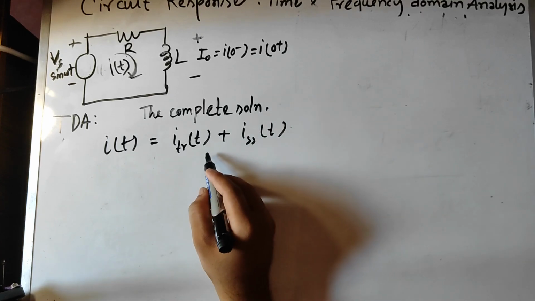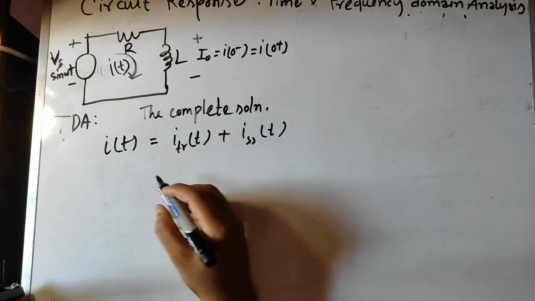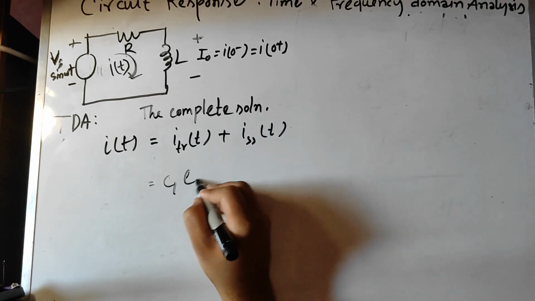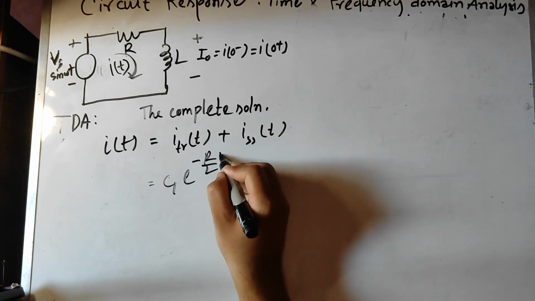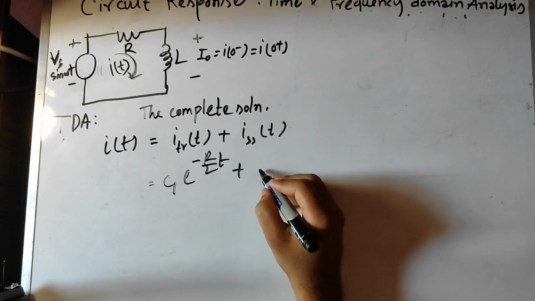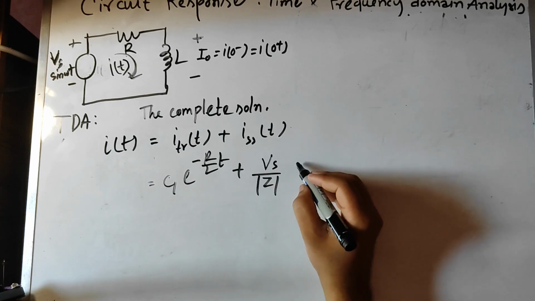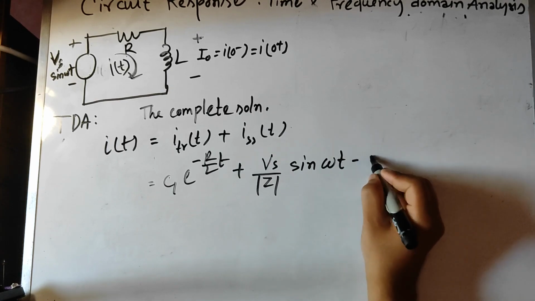The transient term is the complementary solution, the steady state term is the particular integral. So c1 e to the power minus R by L t plus Vs by z sine omega t minus phi.